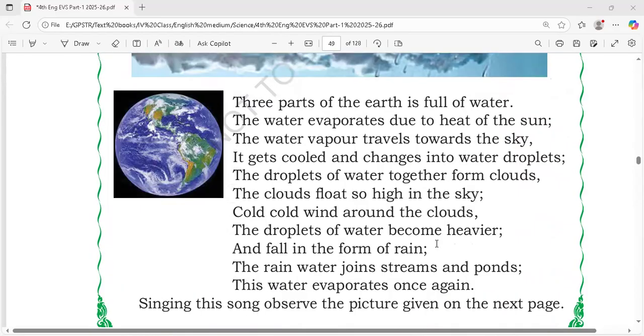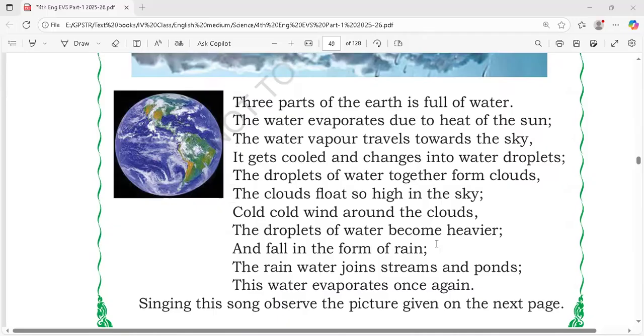Three parts of earth is full of water. The water evaporates due to heat of sun. The water vapor travels towards the sky. It gets cooled and changes into water droplets. The droplets of water together form cold clouds.